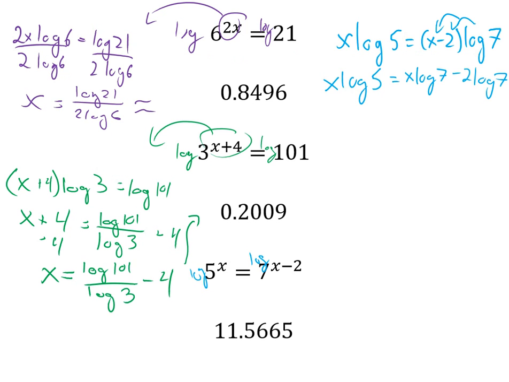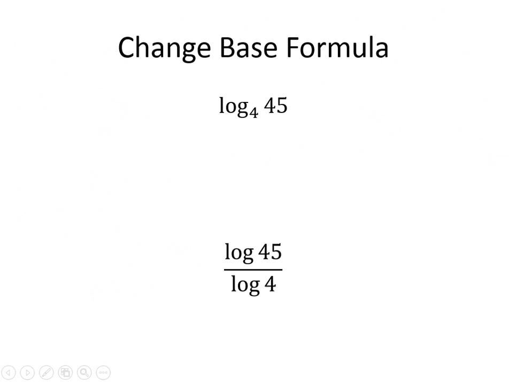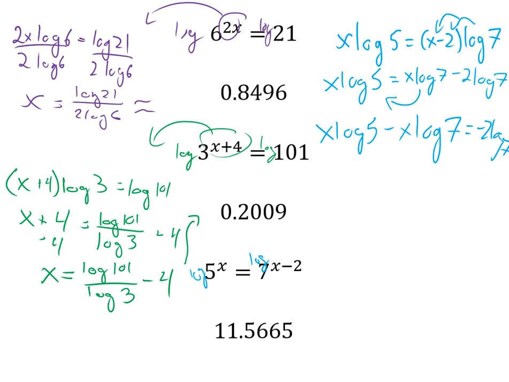And so what we would do then is move this to the other side, giving us x log 5 minus x log 7 is equal to negative 2 log 7. And from there, we would take an x out, giving us x parenthesis log 5 minus log 7.